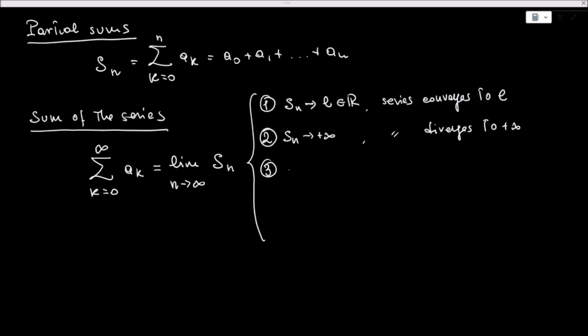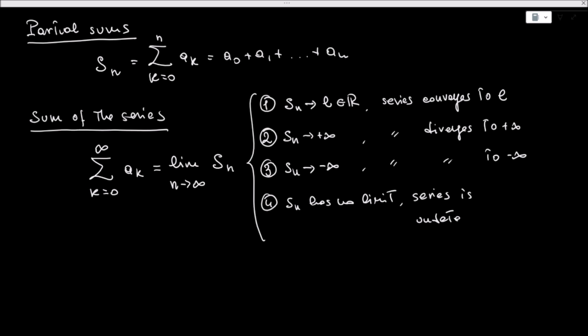Type 3, Sn tends to minus infinity, so we say that the series diverges to minus infinity. And type 4, Sn has no limit, and we say that the series is undeterminate.